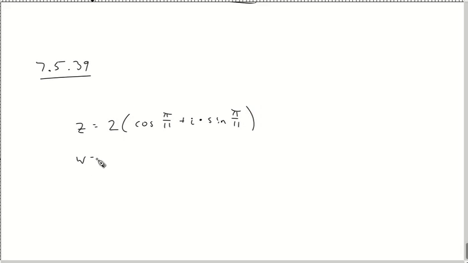Okay, so 7, 5, 39. I got z is equal to 2 times cosine of pi over 11. Man, CIS would be so much cleaner here. I just don't know why nobody uses it. WebAssign doesn't use it either, by the way.